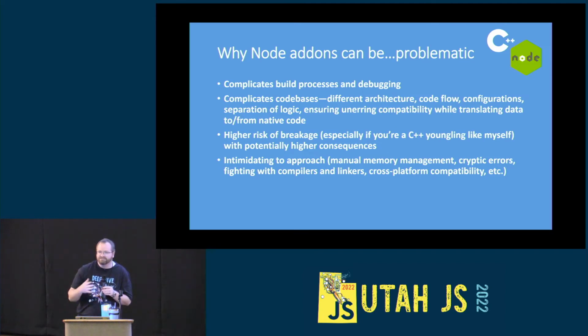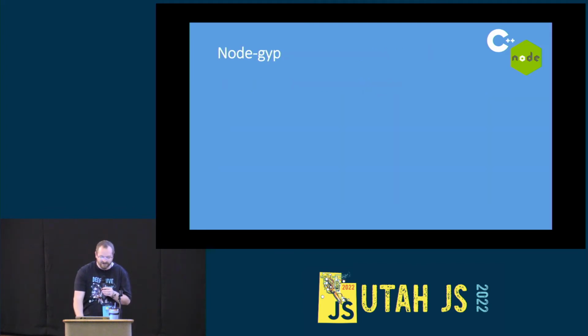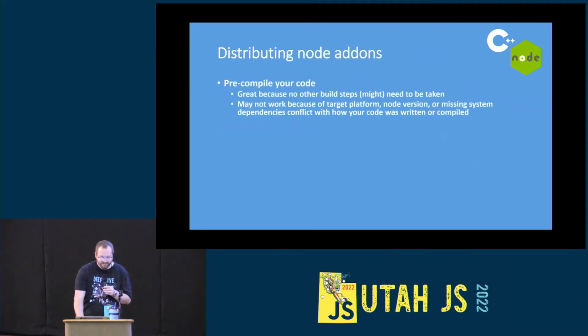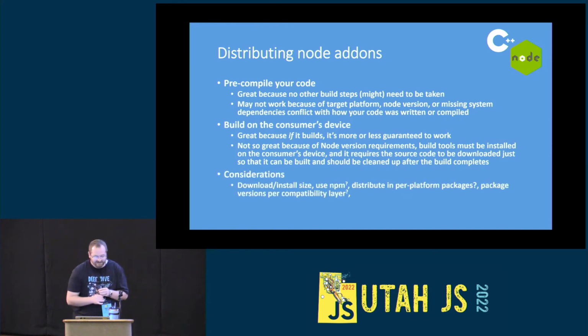They don't have to make any assumptions about your environment prior to it being on your computer. And for that matter, there's another question about distributing the add-on in the first place. For instance, what if I need to actually distribute the add-on through NPM? How am I going to approach it? Are we going the node-gyp route with building on the consumer's device?